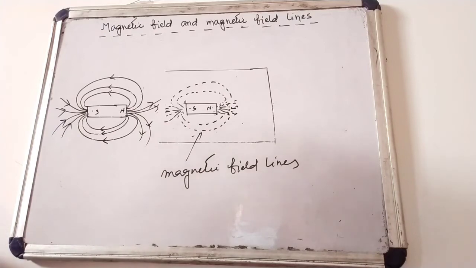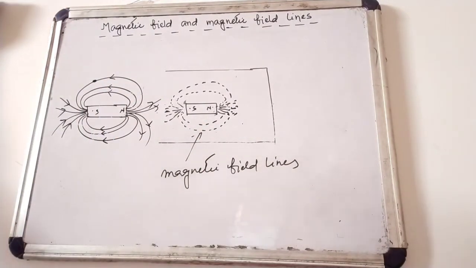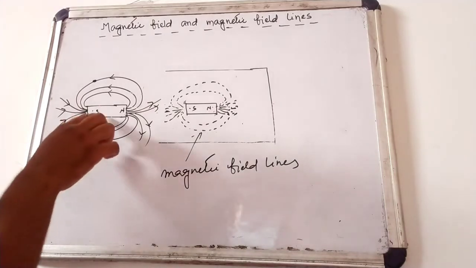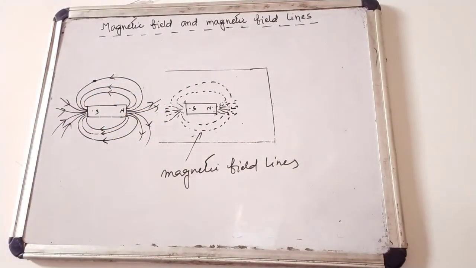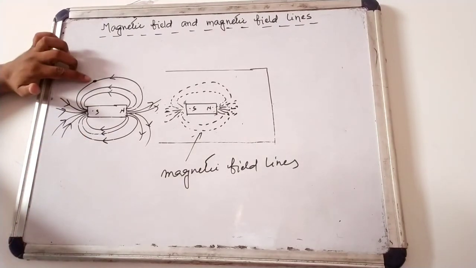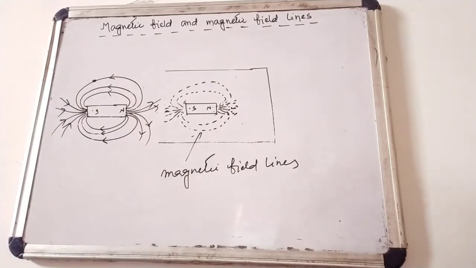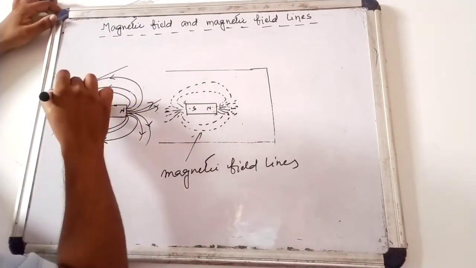So suppose at this point we need to calculate the direction of the magnetic field. Because this magnet will create a magnetic field surrounding the magnet, now if we need to calculate the direction of the magnetic field at this point, we need to just draw a tangent at this point.